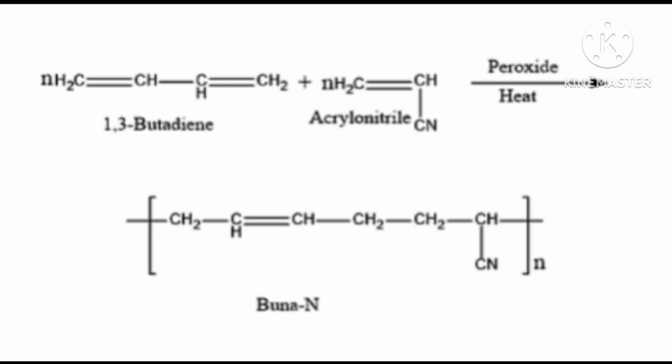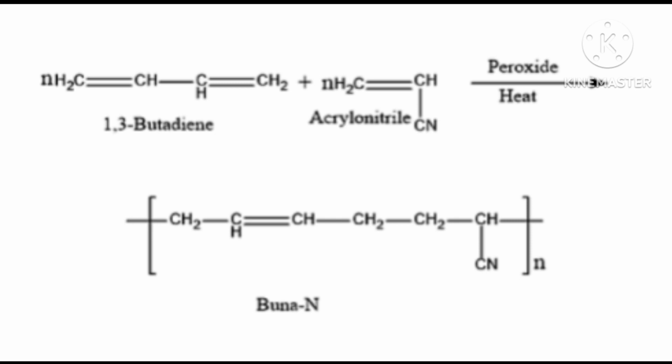In acrylonitrile the double bond will break, and both carbons, CH2 and CH, will have one electron. This carbon has one electron, the butadiene fourth carbon also has an electron, and both will join. What you get is Buna N.